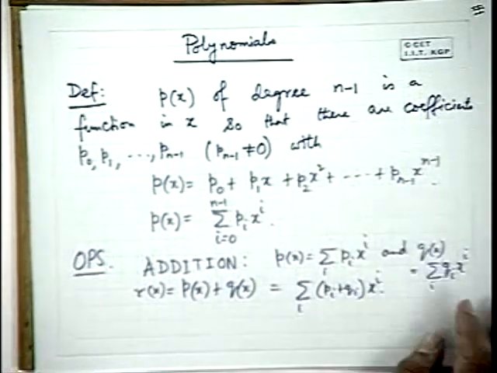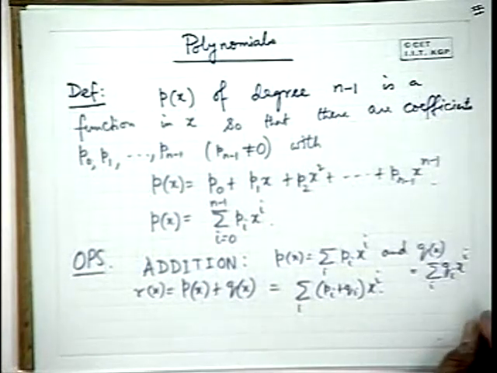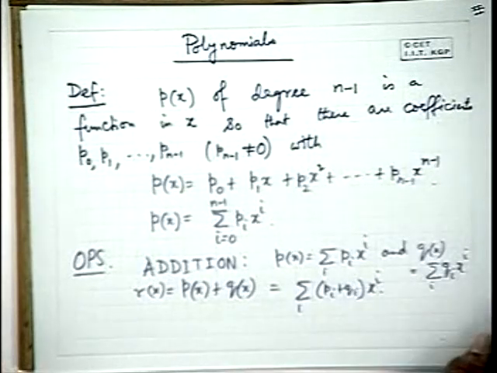This we all know. So, this is the addition of two polynomials. Basically, you just add the corresponding coefficients of the two polynomials to get the coefficients of the new polynomial. So, addition is almost straightforward.